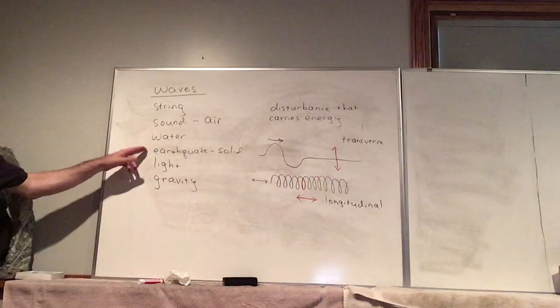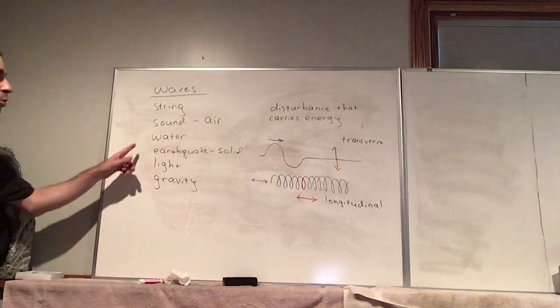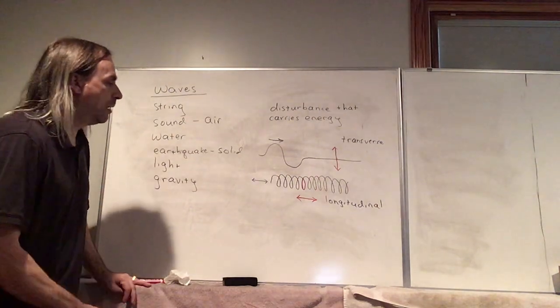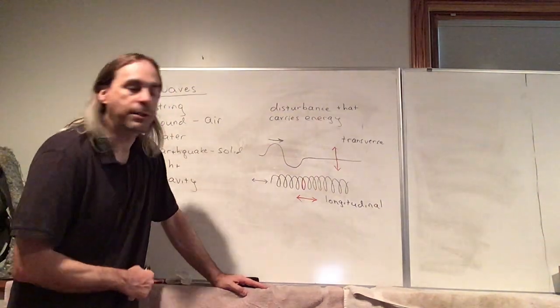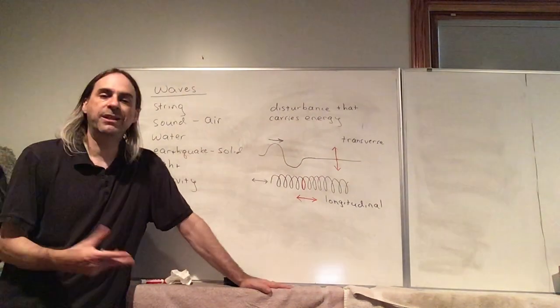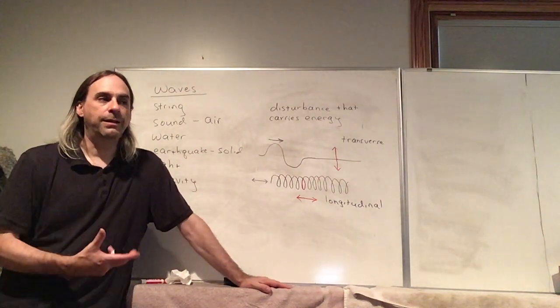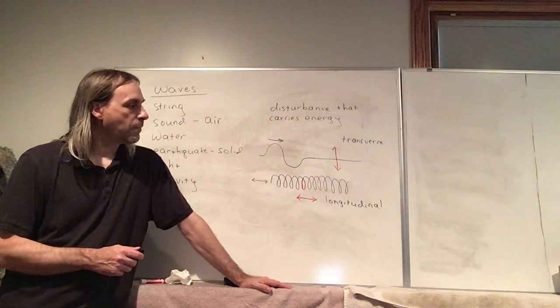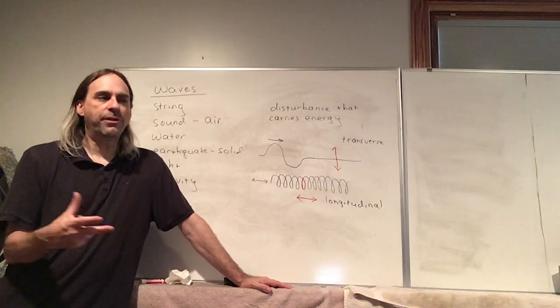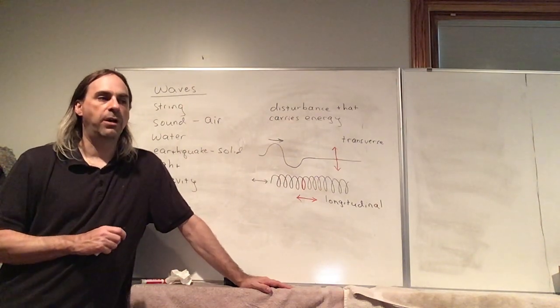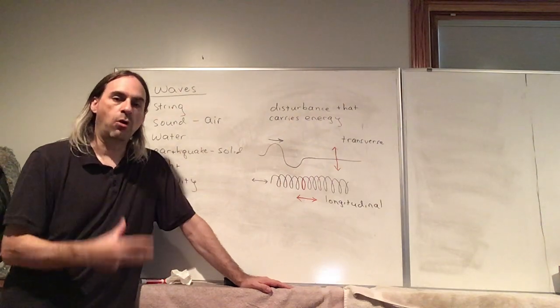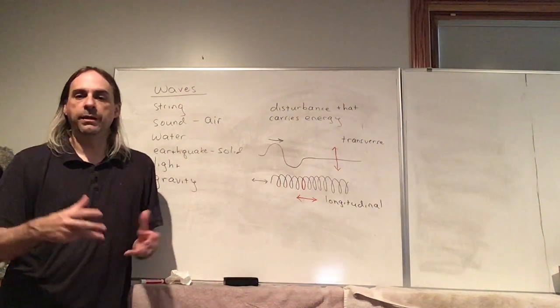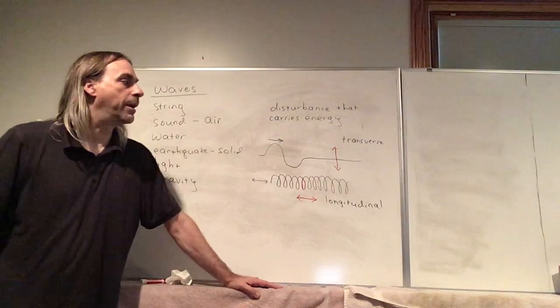And earthquakes, this is actually a very important example because we can learn a lot by studying earthquakes. So we have the seismic station that can detect waves, and the Earth is made out of layers, where in the middle there's a core, and then the mantle, and then the crust, which is what we live on.